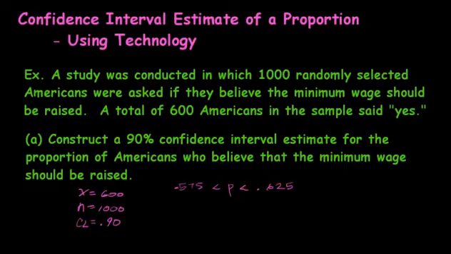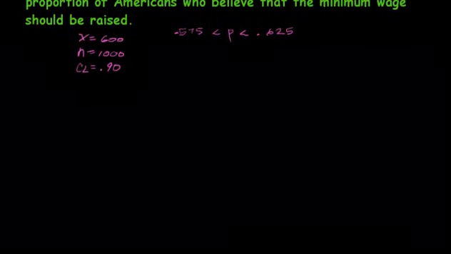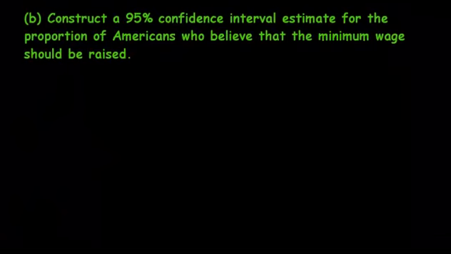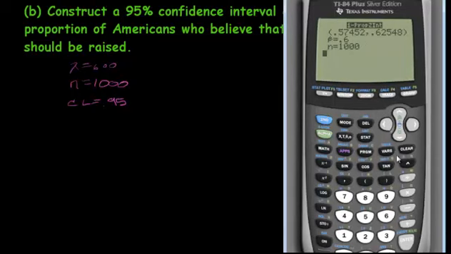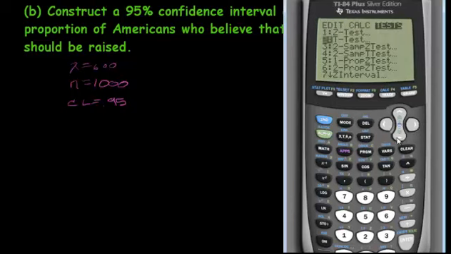Okay, let's do this again with our 95% confidence interval. Except for the confidence level, nothing has changed. Our X is 600. Our N is 1,000. And our confidence level this time is 0.95. Okay, we'll clear that and go back, Stat, Tests, one prop Z interval.